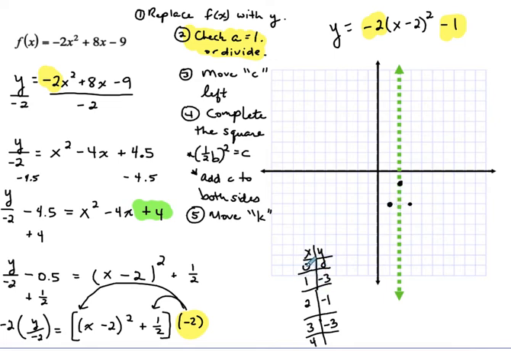And then maybe I'll do 0. So 0 minus 2 is -2. -2 squared is 4. 4 times -2 is -8. Minus 1 is -9. And so my y-intercept is 0, -9.